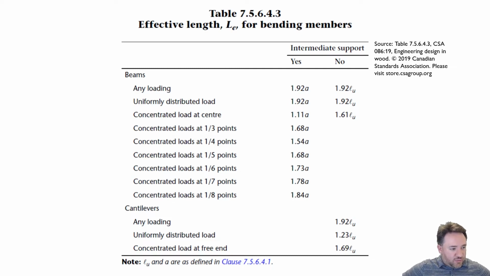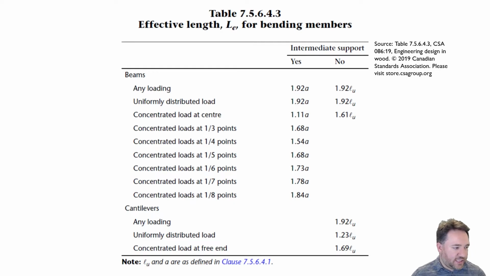That's these numbers 1.92, 1.61, etc., depending on where my loads are, what kind of load condition I have, and depending on whether I'm talking about a beam or a cantilever, being any part of the beam that has a free end that can buckle sideways like this. We'll see an example of that when we do our examples.